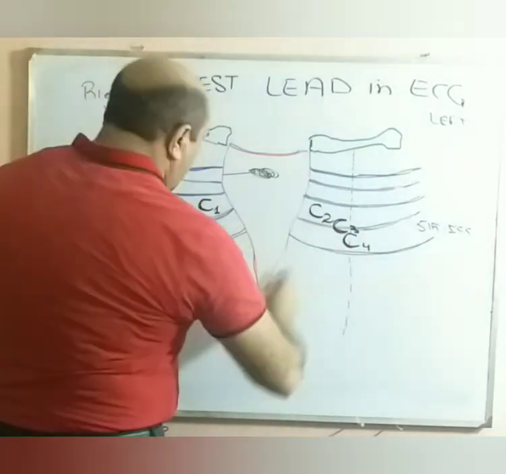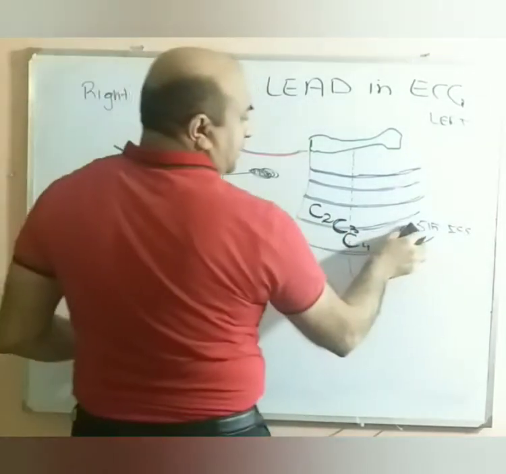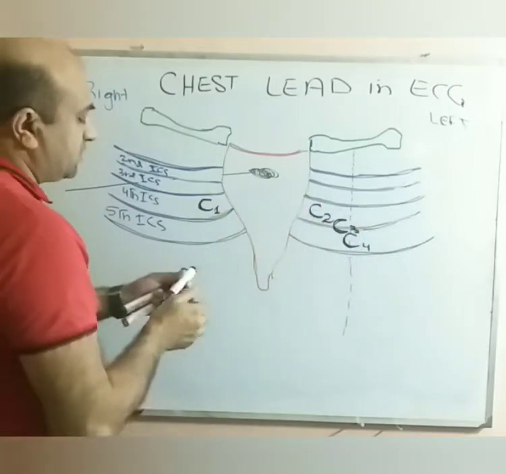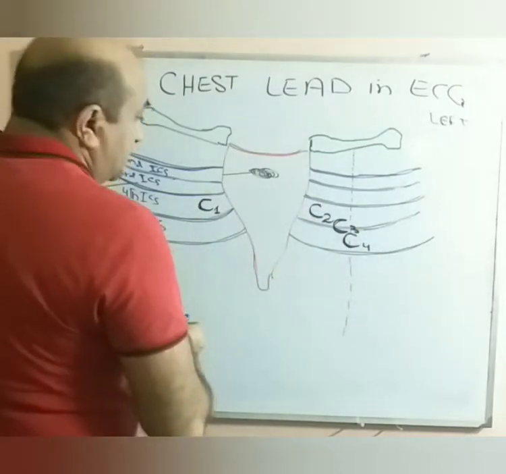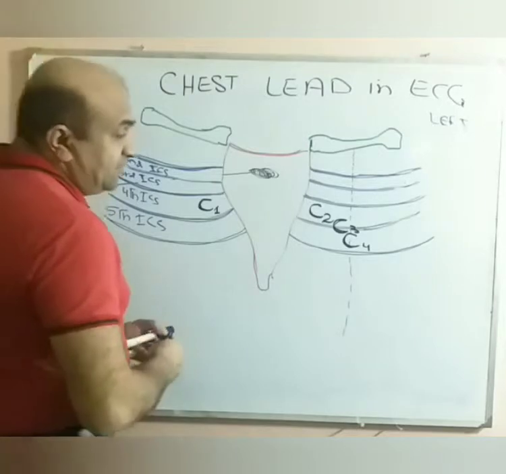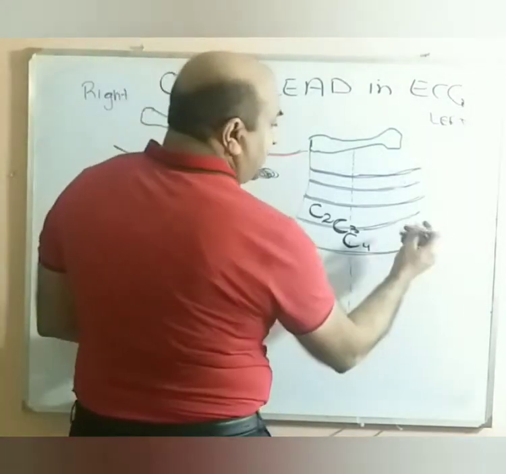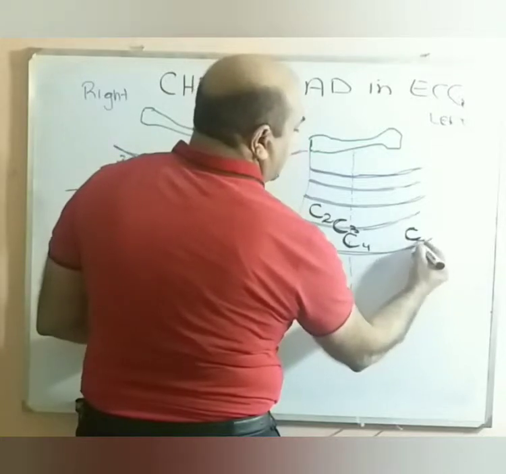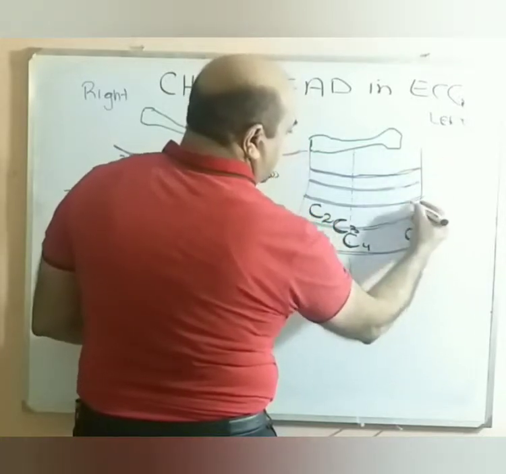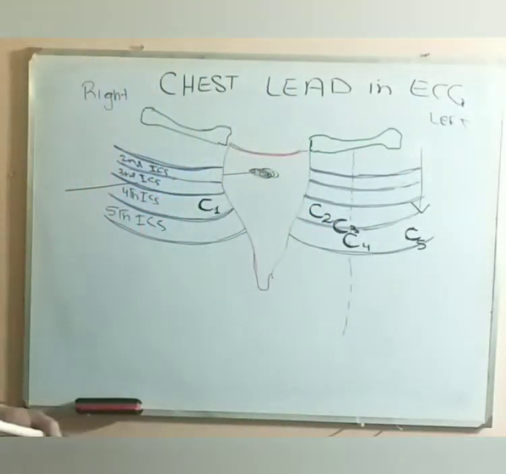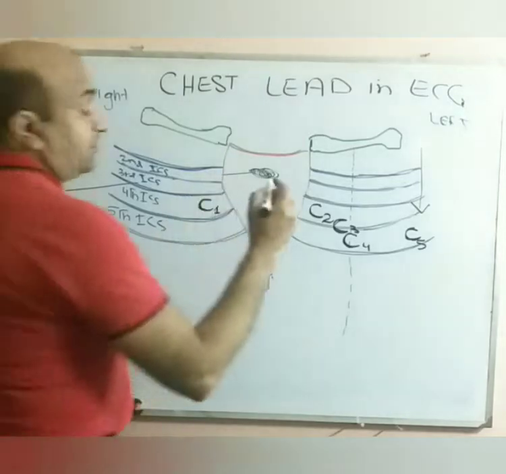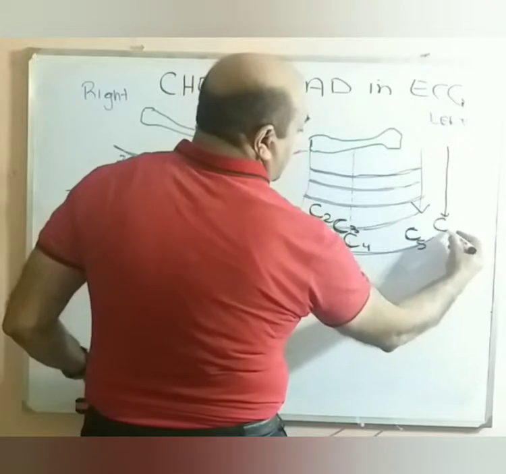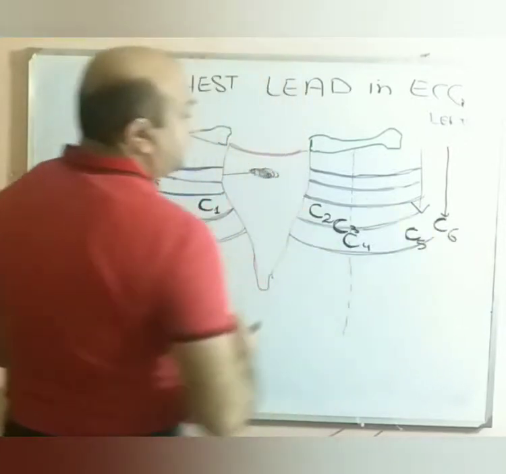In the fifth intercostal space on the left side of the chest, we place lead C5 in the anterior axillary line, and we place chest lead 6 in the fifth intercostal space in the mid axillary line.